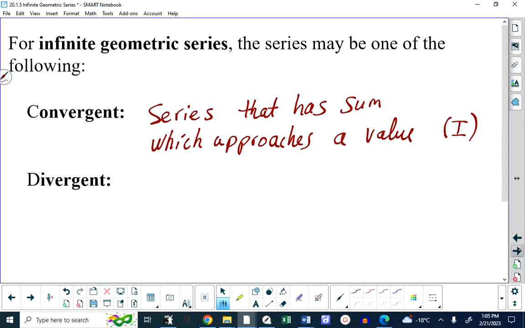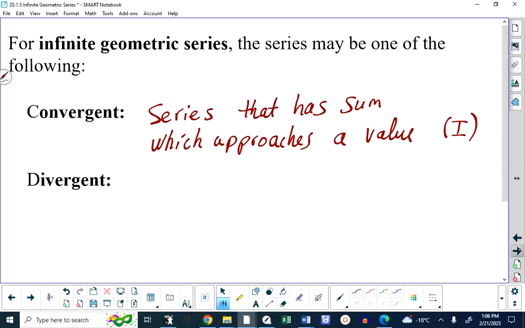And the word convergent is used because converge means to approach. It's exactly what converge means. If you have lanes on the highway that are converging, they're coming together.